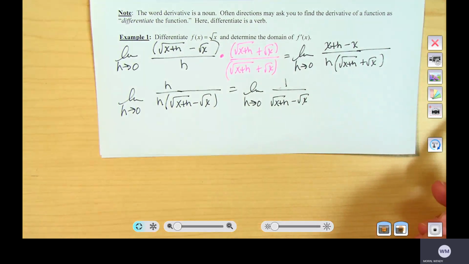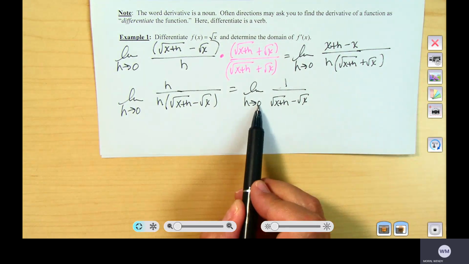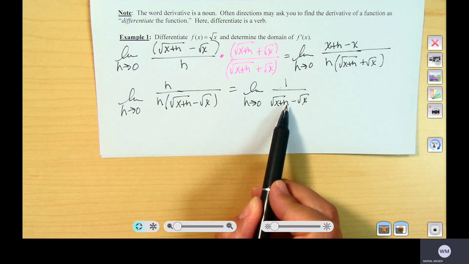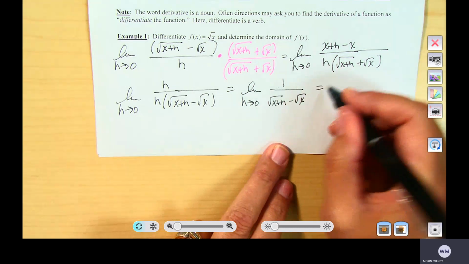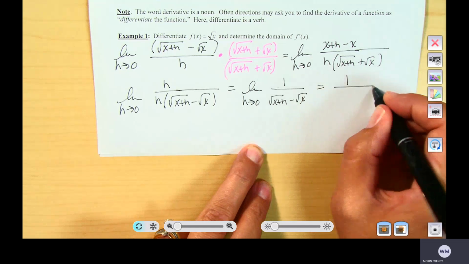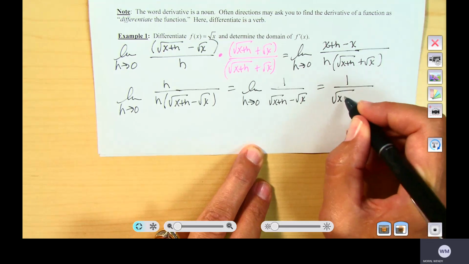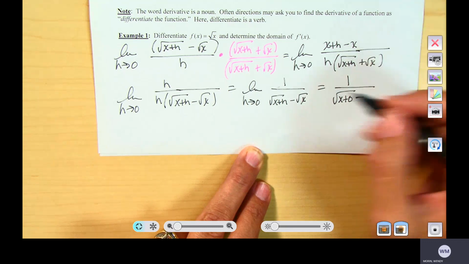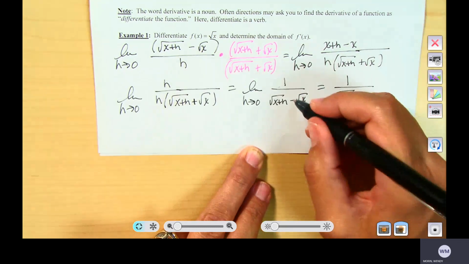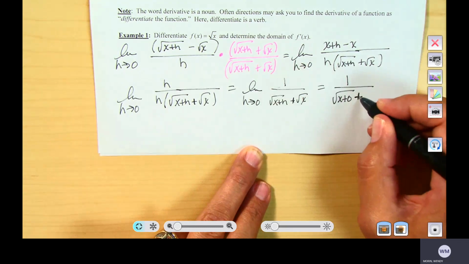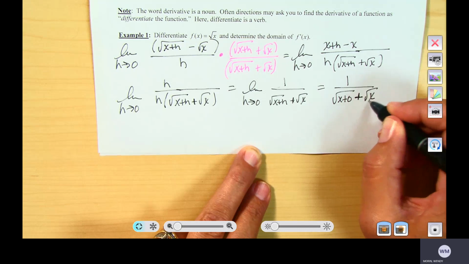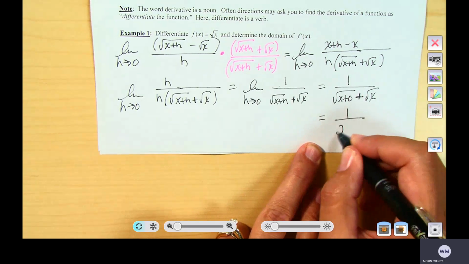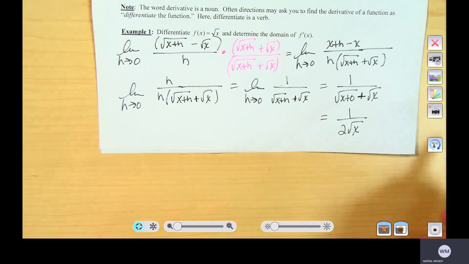Now we can evaluate the limit by plugging 0 in for h. We end up getting 1 over the square root of x plus 0 plus the square root of x. So in the end, you get 1 over 2 square roots of x.